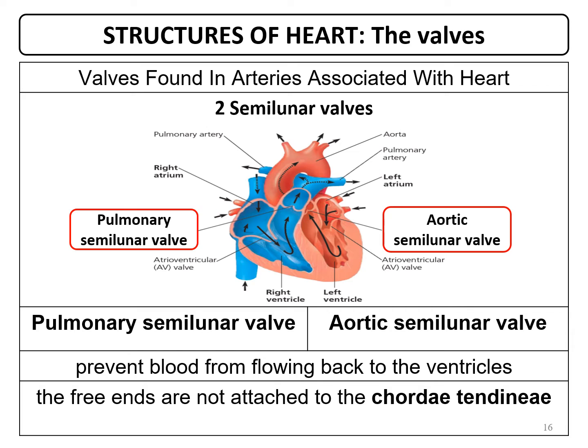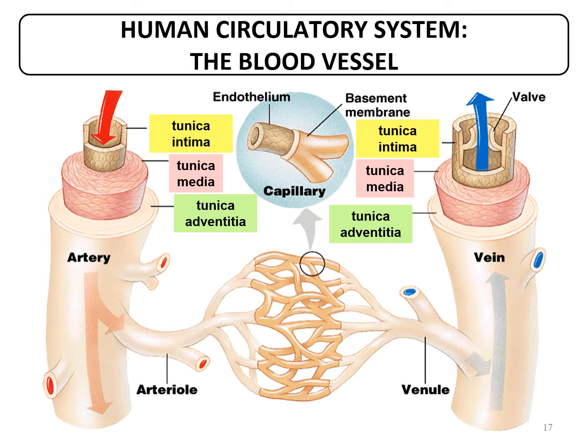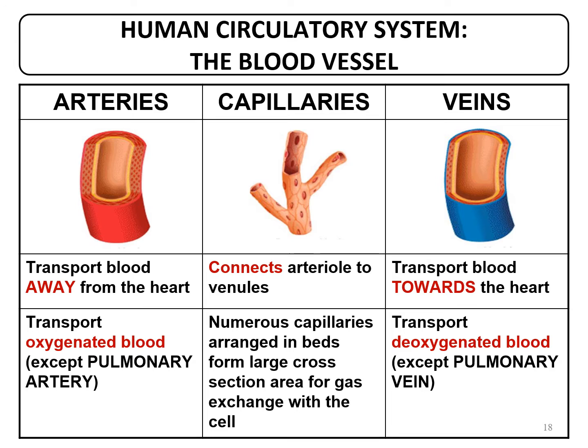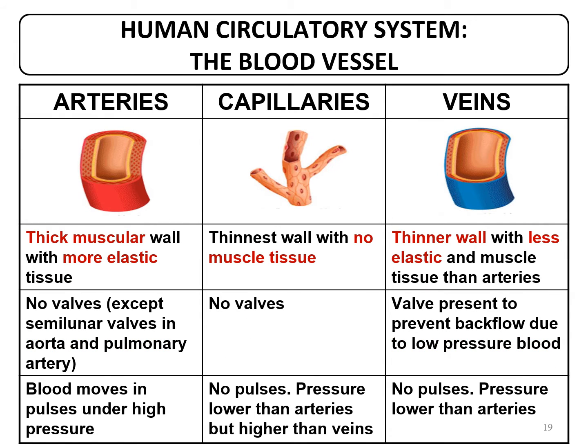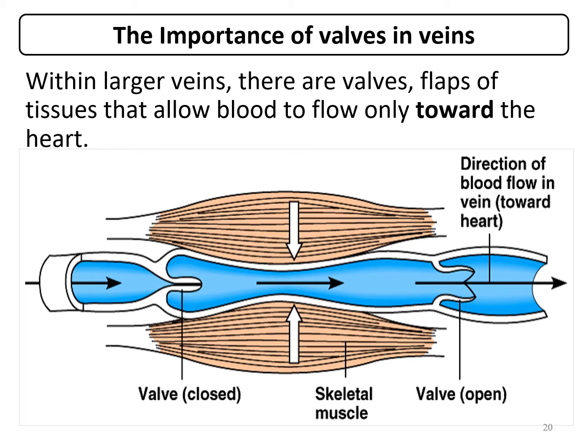The valve in both blood vessels is called the semilunar valve. Arteries are usually thicker than veins, and they are interconnected by capillaries. The veins usually have valves that will prevent backflow of the blood.